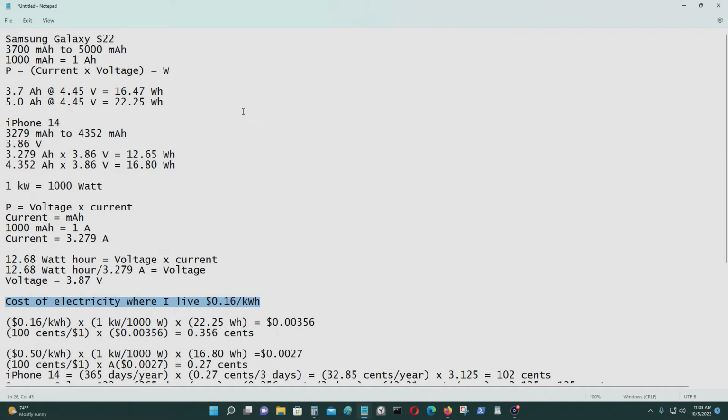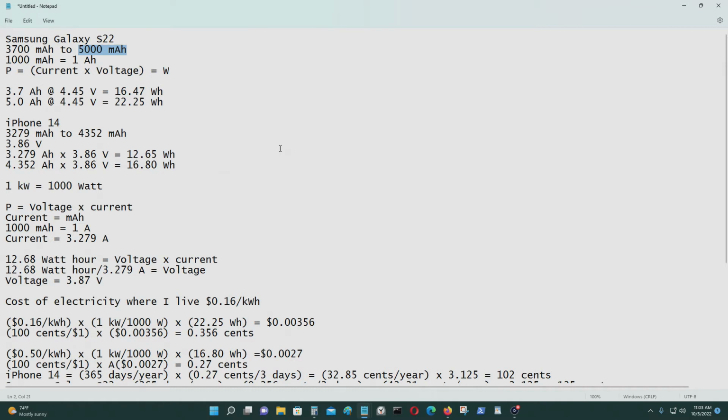So one thing we have to figure out is how much the watt hours is for the battery. We'll be dealing with the higher end batteries: 5,000 milliamp hours at 4.45 volts for the Samsung Galaxy S22, and the 4,352 milliamp hour battery at 3.86 volts. So we find out what the power is.